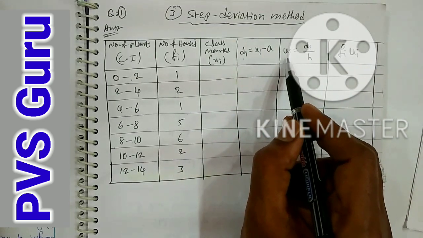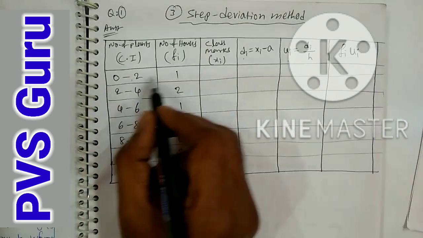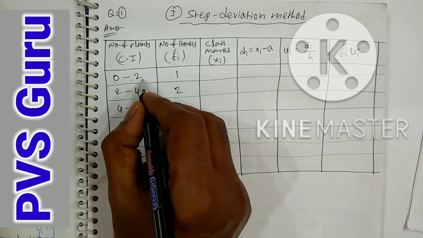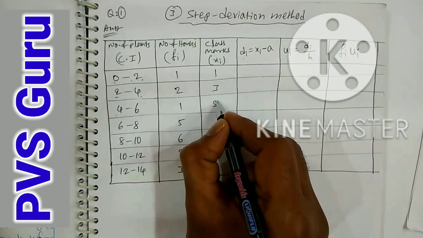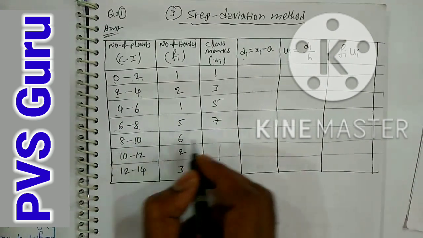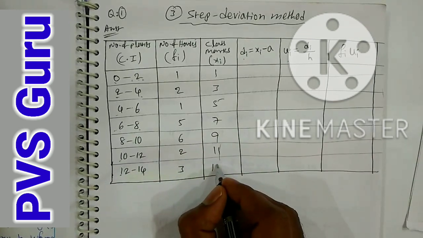In the step deviation method you have to solve for ui. Here the xi values: 0 plus 2 by 2 is 1, 6 by 2 is 3, 10 by 2 is 5, 14 by 2 is 7, then 9, 11 and 13.